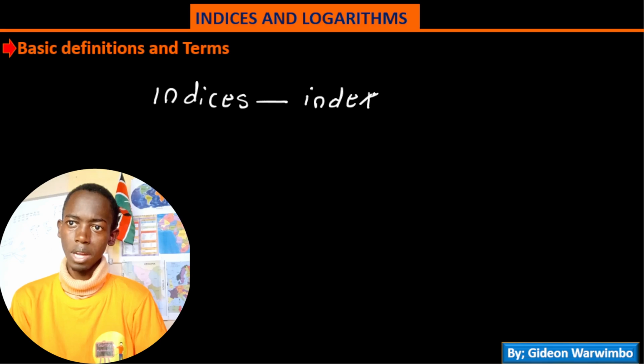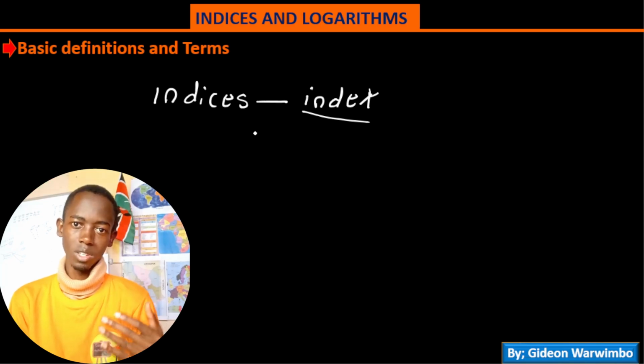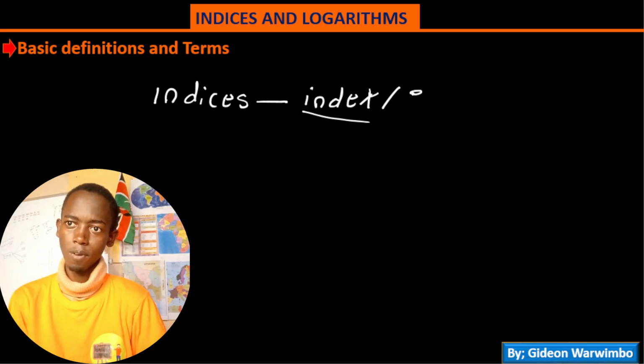You may have heard it some time back, maybe when you were doing examinations, index 1, index 2, and so on. But in terms of mathematics, index is a term that is used to represent power. Therefore, index is a synonym for power, but you can also call it exponent.